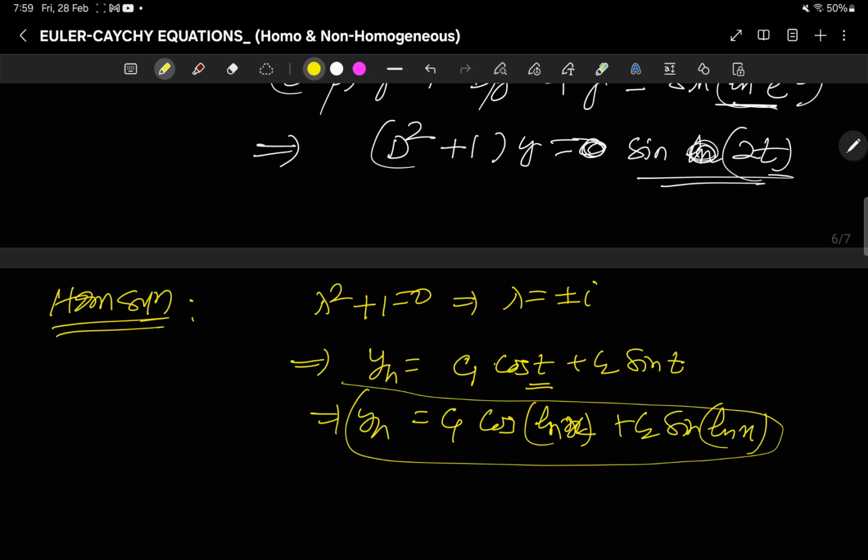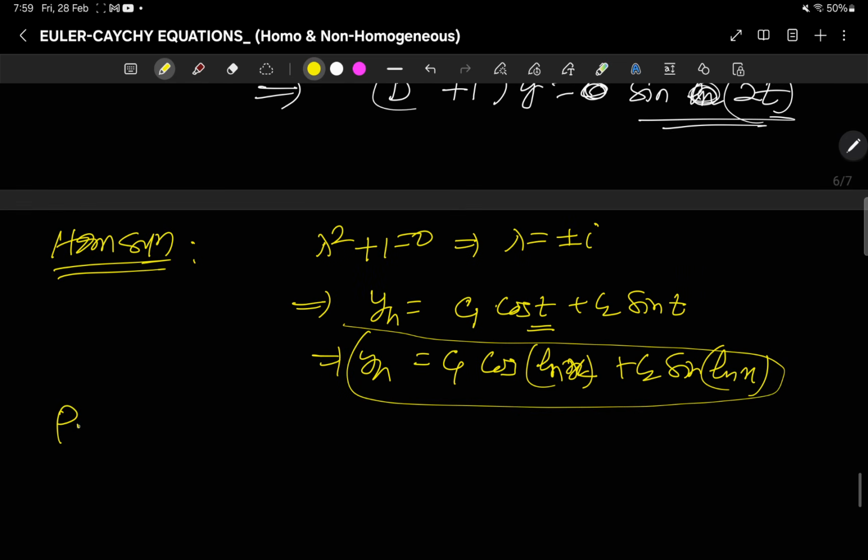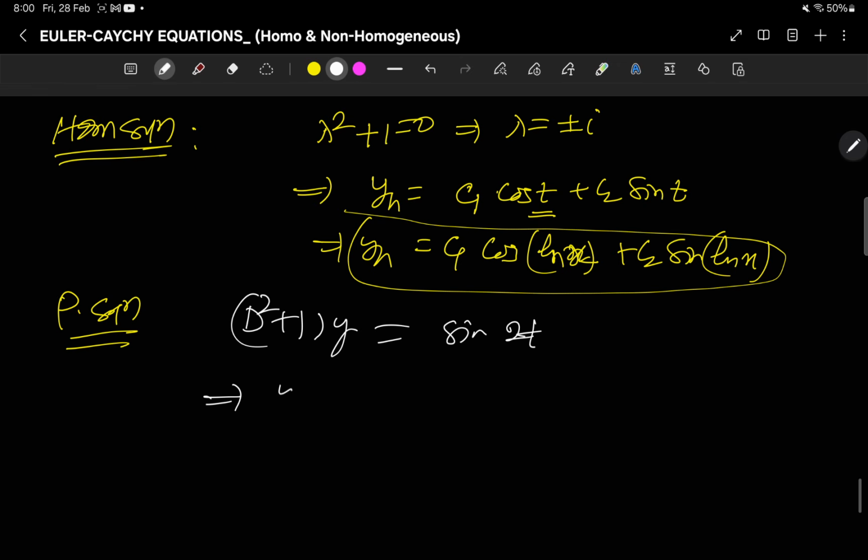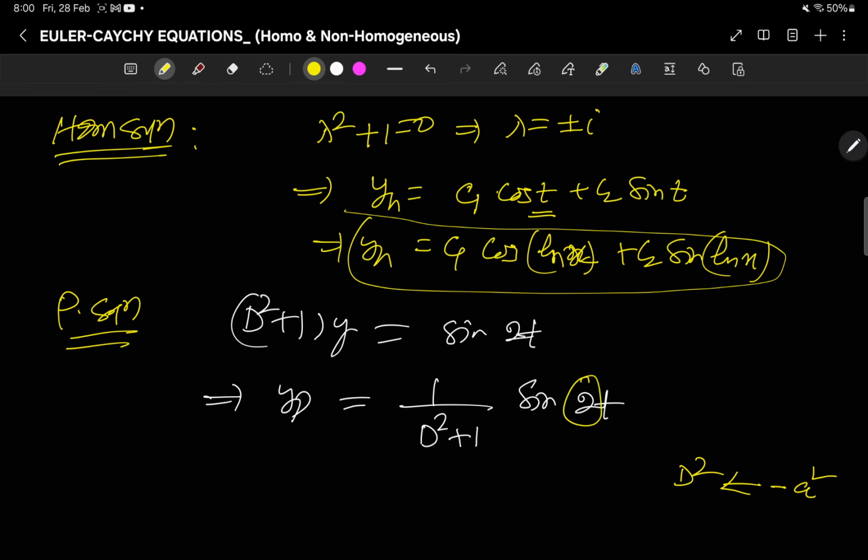Now coming to y particular. For particular solution we have d square plus 1 into y is sin 2t. So that means your y particular is 1 by d square plus 1 sin 2t. So here d square is replaced by minus a square, a is 2 here.